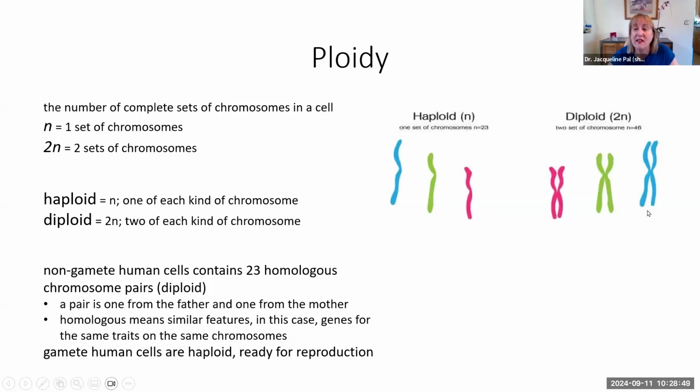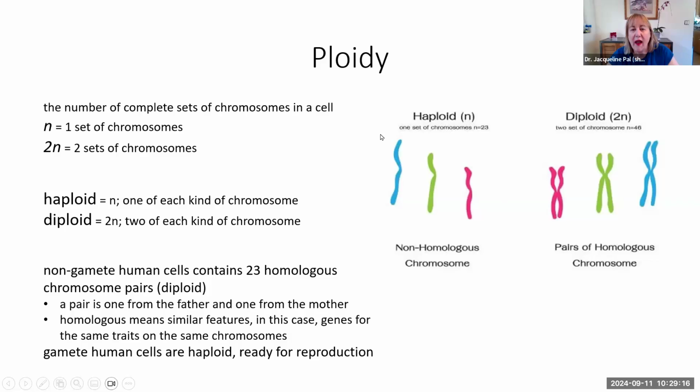And so when they join together, then the offspring will be diploid. Because otherwise, if the mom contributed 2 and the dad contributed 2, the offspring would have 4. And that would be a problem. Okay. So by our gamete human cells being haploid, we are ready for reproduction to occur.